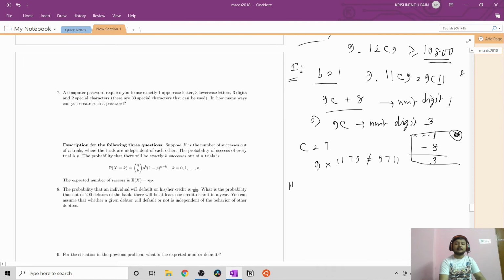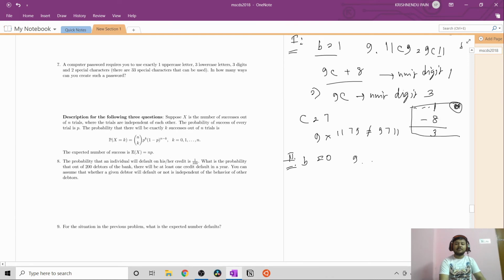So we have the other case where B equal to 0. Then 9 into 10C9 is equal to 9C01. So this implies 9C plus 8 has unit digit as 0.